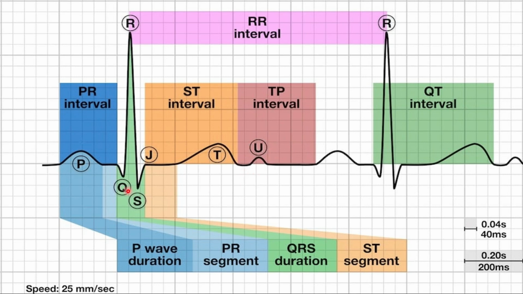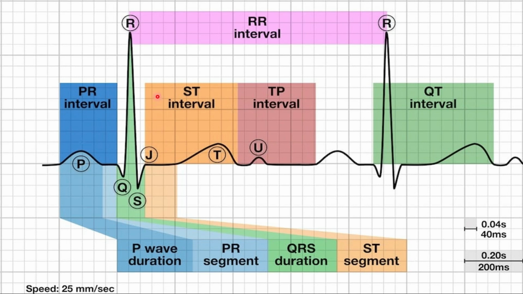Now looking at the intervals, the first is the PR interval. It is from the beginning of the P wave till the beginning of the QRS complex. Next is the duration of the QRS complex. It is from the beginning of the Q wave till the end of the S wave. Next is the ST segment, which is from the end of the S wave to the beginning of the T wave.